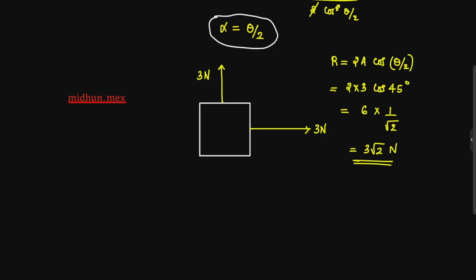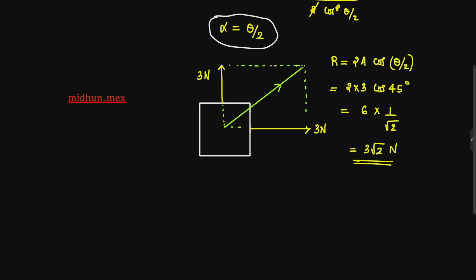So you got a resultant value. Also both are perpendicular in order, so you can directly apply root of 3 square plus 3 square. Your answer will be 3 root 2. Case 3 also you can actually apply. And here things are very much fine only. We don't want to find the angle and all, because we know our resultant 3 root 2 will be bisecting the angle between the vectors.